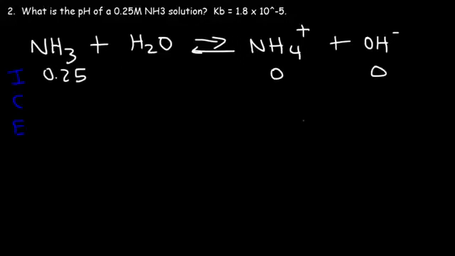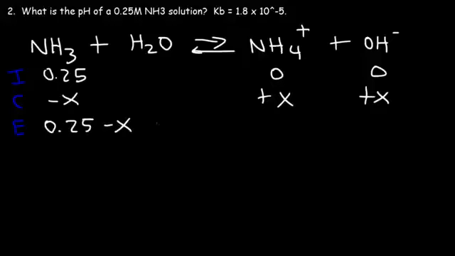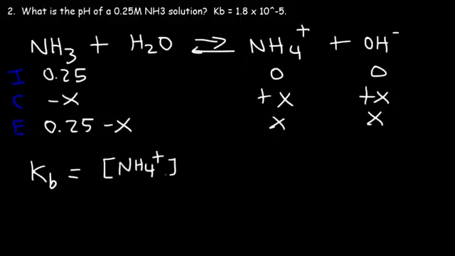The products will begin at 0, and the reaction will initially shift towards the right. So adding the first two rows, we're going to have 0.25 minus x, and x, and x. So Kb, like any other equilibrium constant K, is going to be the concentration of the products divided by the reactants.